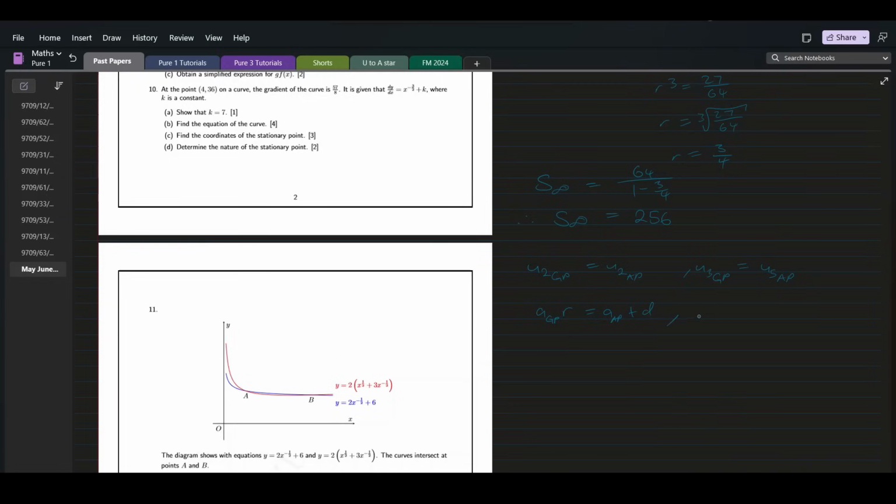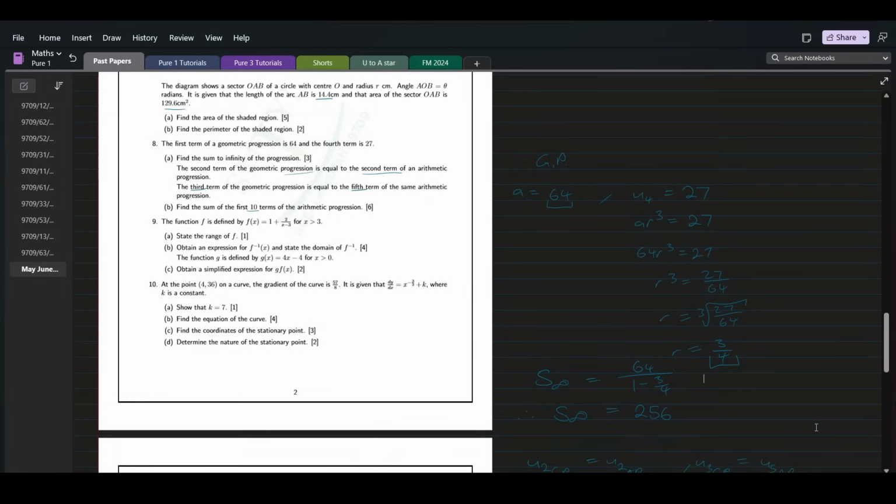And then U3 under a GP, that's A R squared, and this is equal to U5, which is A plus 4D. Now remember that we already have the values for the GP from part A. We know that our R is 3/4 and our A was given in the stem of the question to be 64.